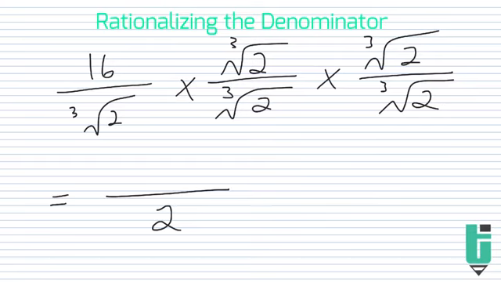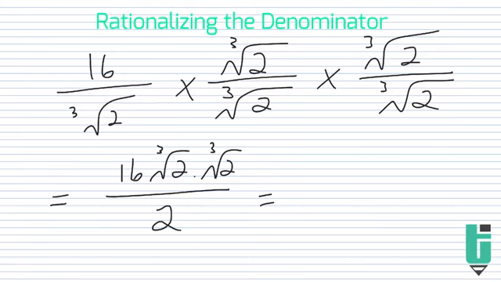And at the top, we'll simply have 16 times the cube root of 2 multiplied by the cube root of 2 again. Okay. And we know we can simplify this.